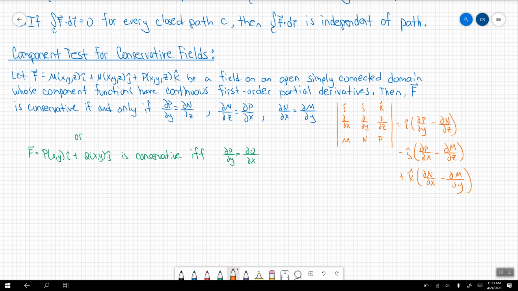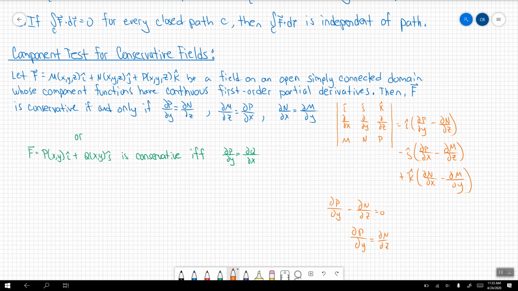Well, if we set it equal to 0, then we naturally get the partial of P with respect to y minus the partial of N with respect to z being equal to 0, which means we get the partial of P with respect to y is equal to the partial of N with respect to z, which is this very first piece that we have. Notice if you set the second one equal to 0, again, you get the same thing. Set the third one equal to 0, once again, you get the same thing.